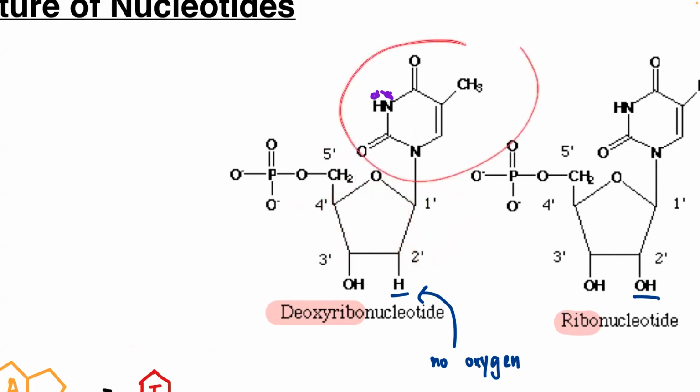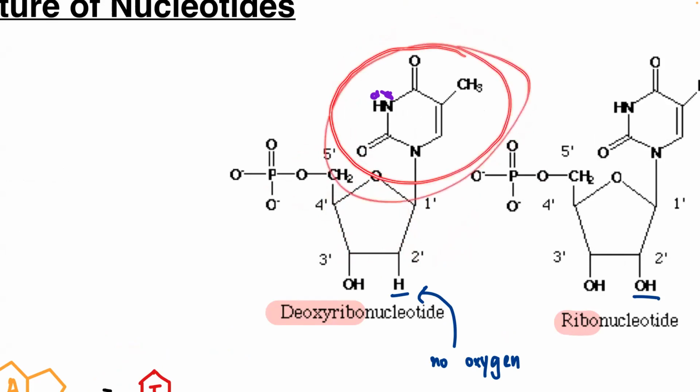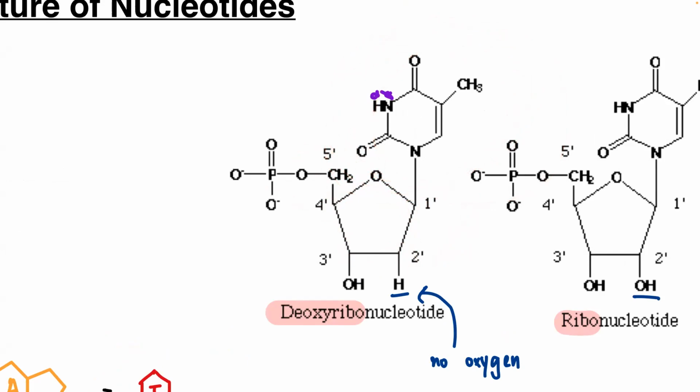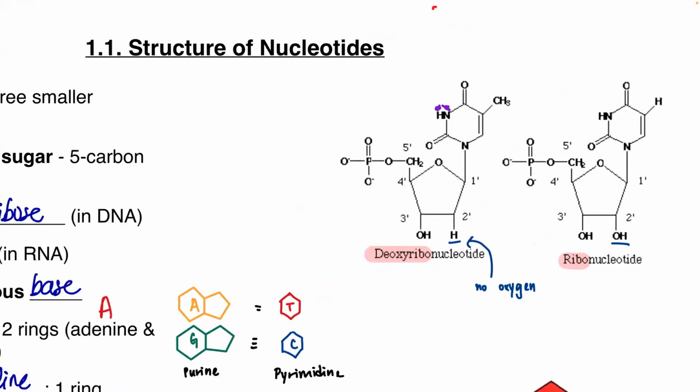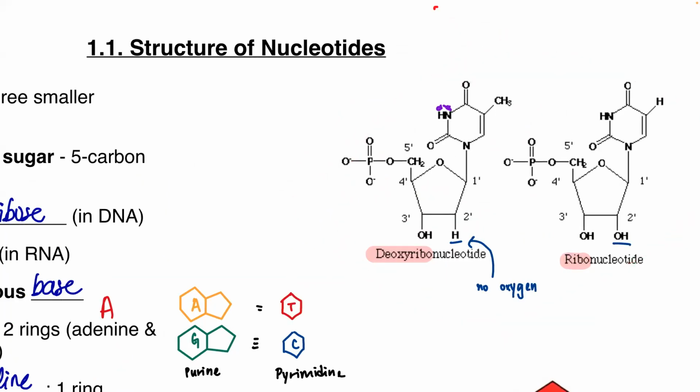This is the 5th carbon. And then there's what we call a base. Later we are going to see there are 4 kinds of bases, whether it is DNA or RNA. This is where the nucleotides differ from each other. Of course, there are other forms of nucleotides, but for genetic material this is the only kind that forms it.